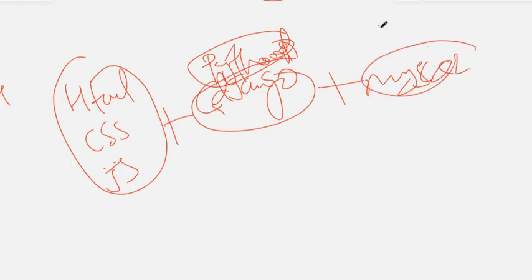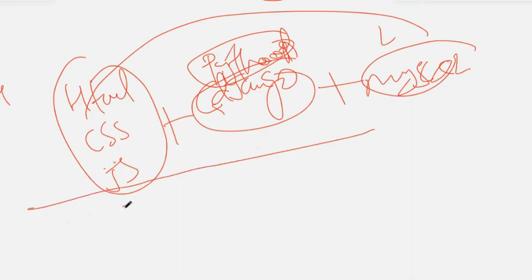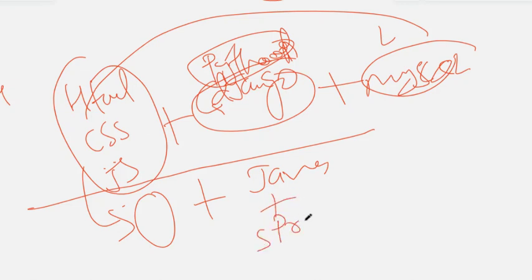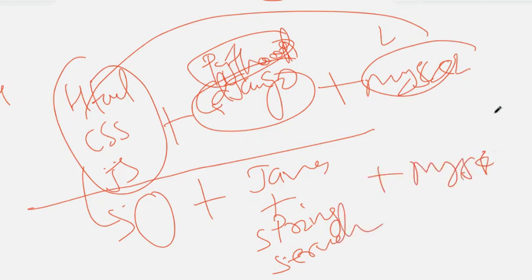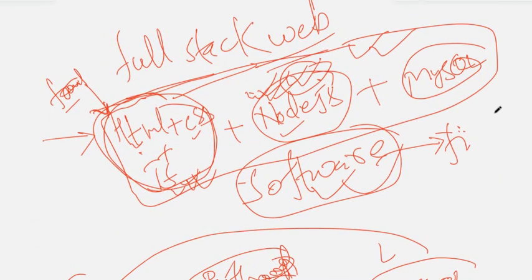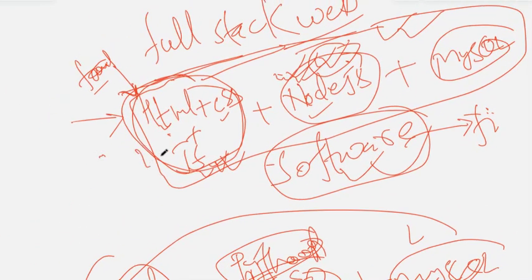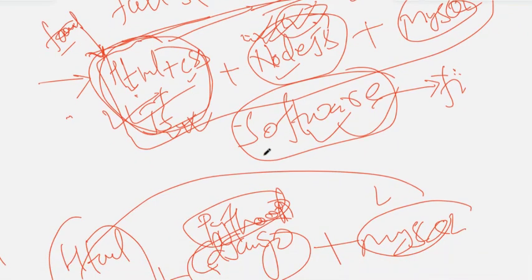You can also follow this technology for software development. And there is another option: HTML, CSS, plus the Java language, plus Spring, where you have to learn Spring servlet, plus MySQL. But for simplicity, I recommend you just go with HTML, CSS, Node.js, MySQL, and build a good software.